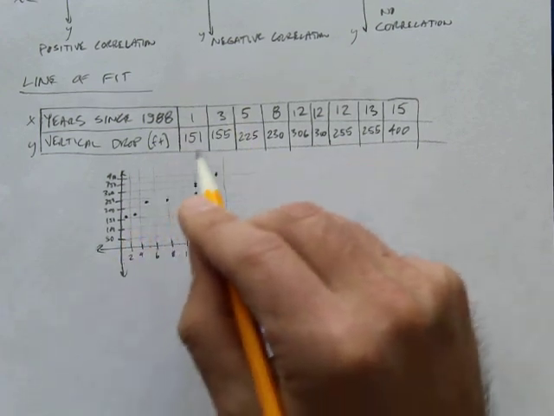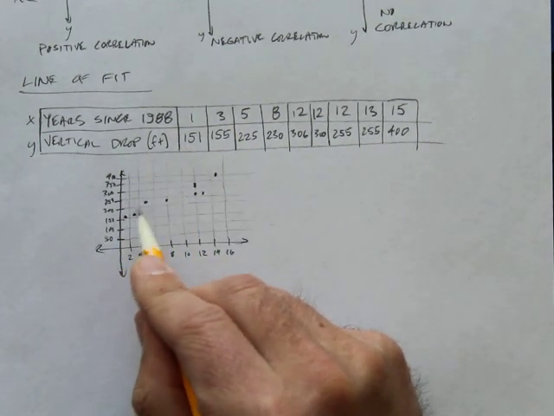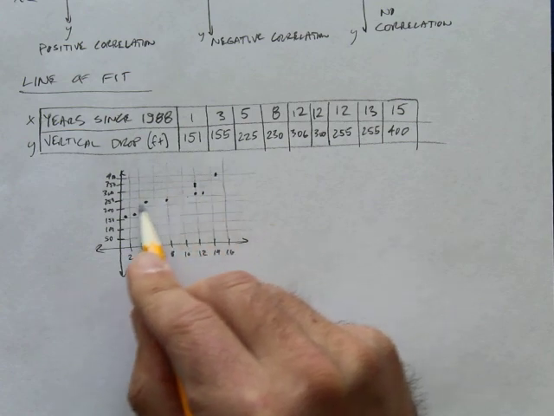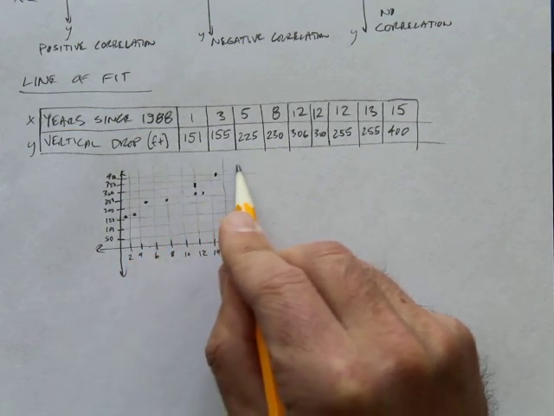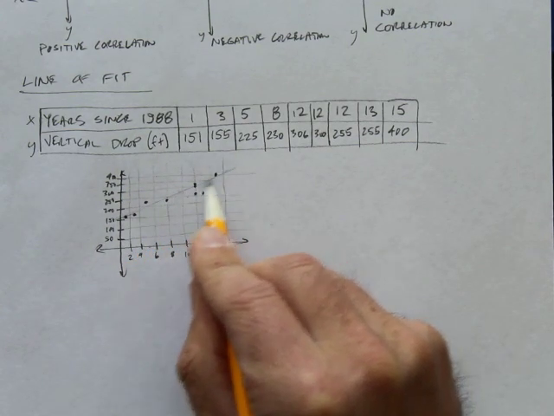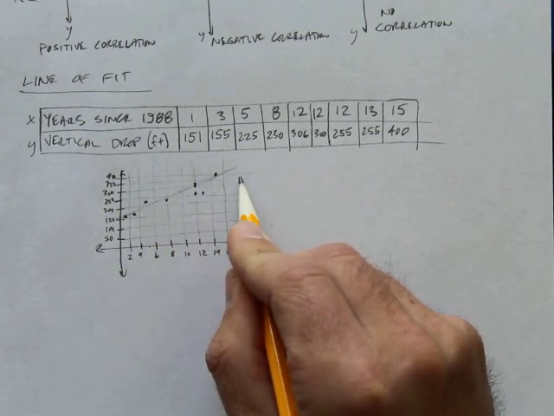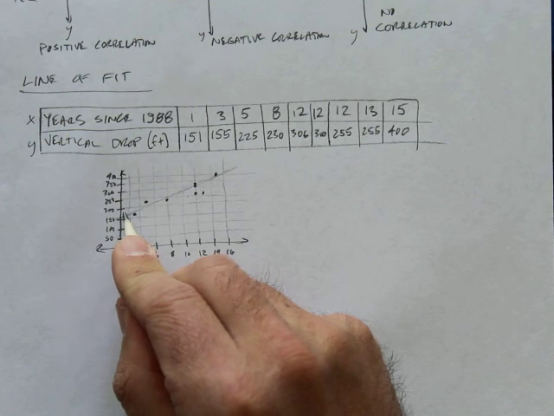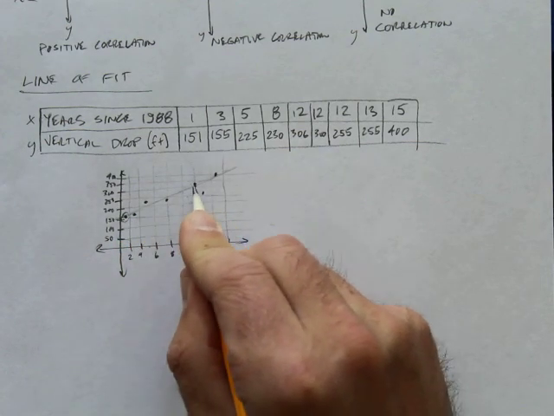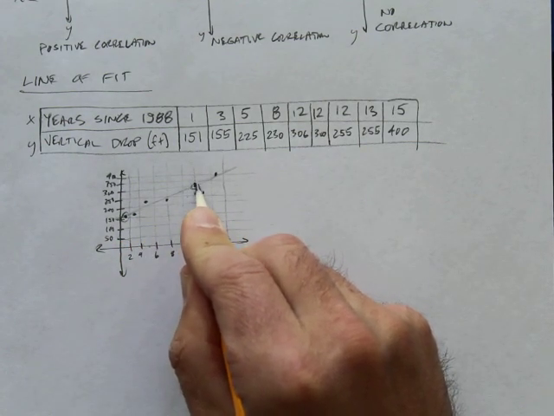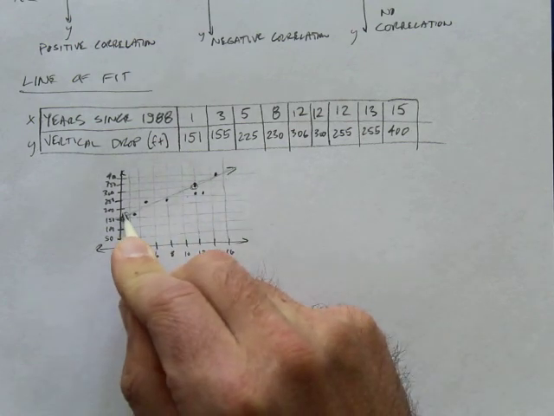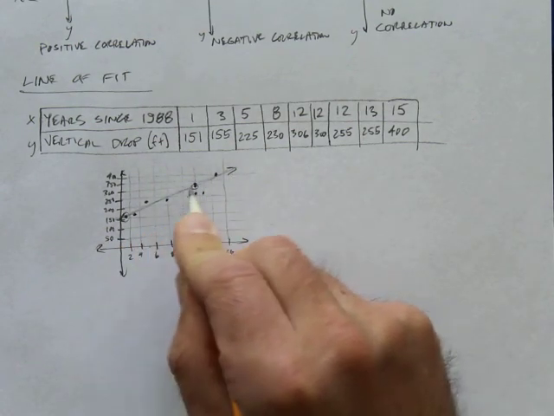So my line is going to look, I'm going to draw like a light line here. That line looks like it kind of averages all of those points out. So I'm going to choose this point here and this point here. So there's my line.